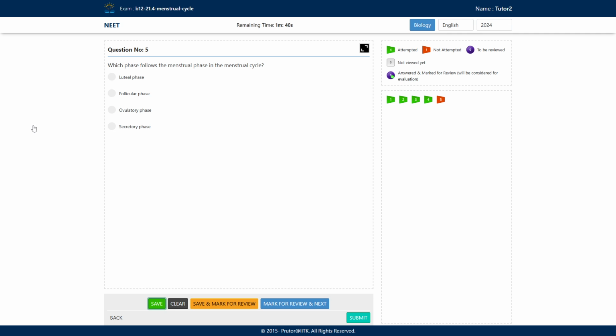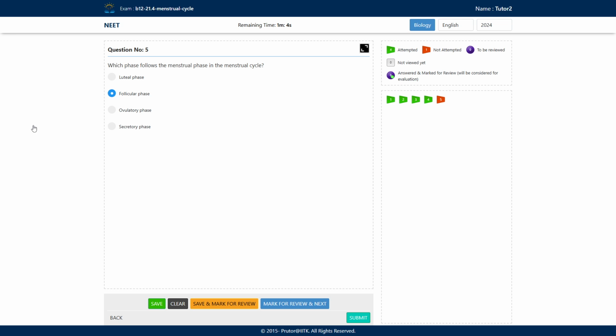Luteal phase, follicular phase, ovulatory phase, or secretory phase? Here the correct answer will be follicular phase.